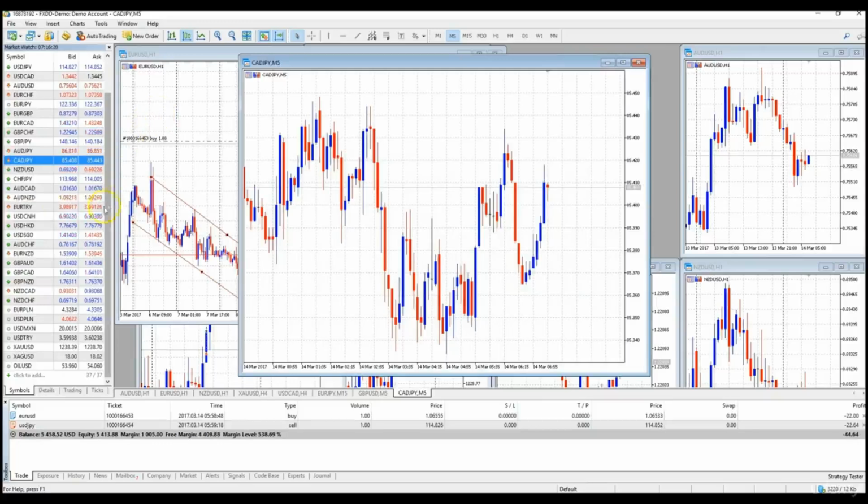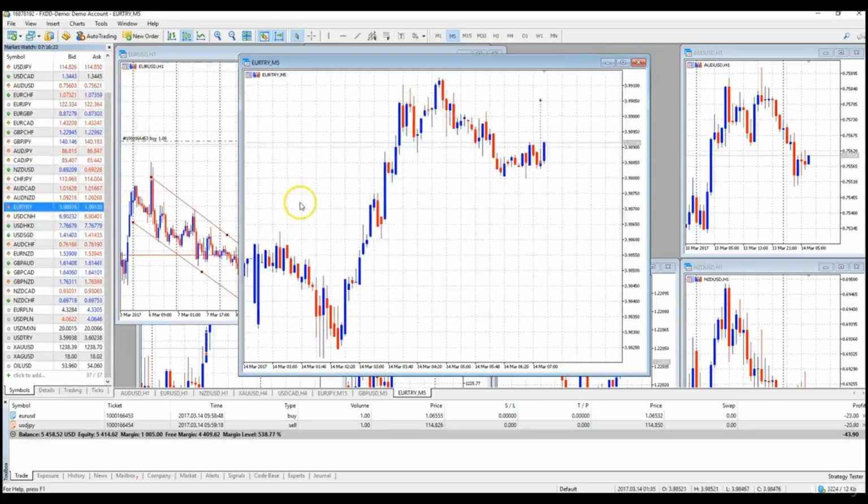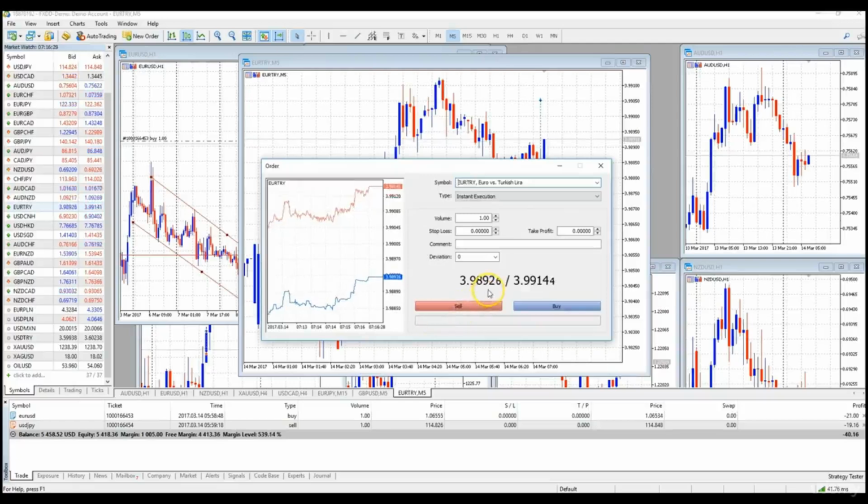And an exotic, like the Euro lira, the pip spread is about 16 pips.